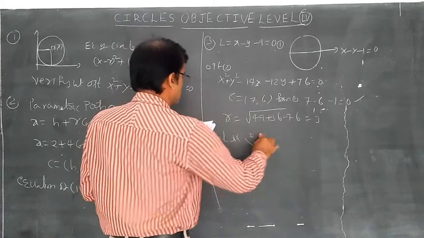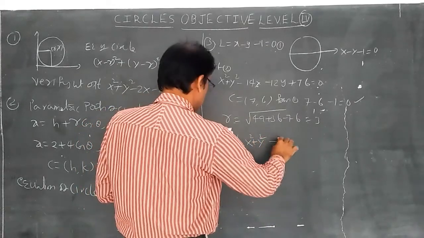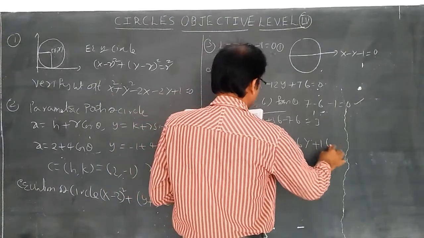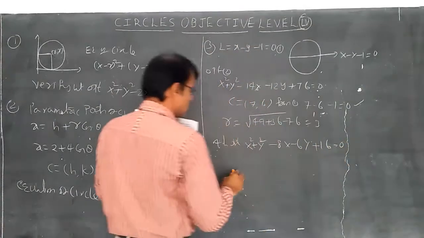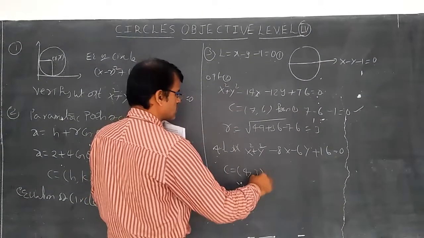Let us verify the fourth option also. The fourth option is x square plus y square minus 8x minus 6y plus 16 is equal to 0. The center is (4, 3).